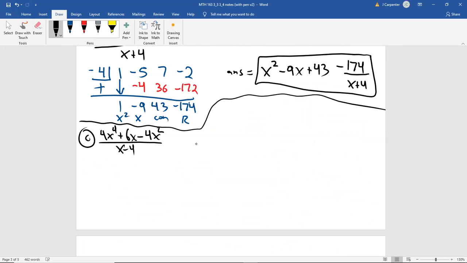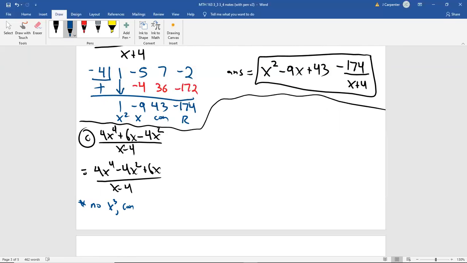Yes, x minus 4. So first of all, you might want to reorder this as 4x to the 4th minus 4x squared plus 6x all over x minus 4. And then you also might want to note that there are no x cubed or constant term in the top, so we're going to need zeros in their place.